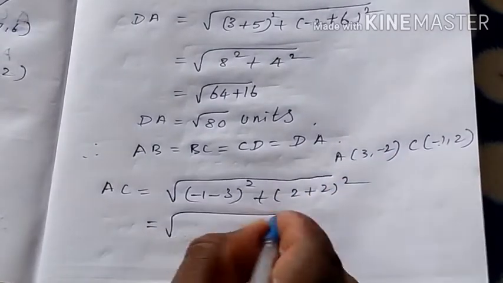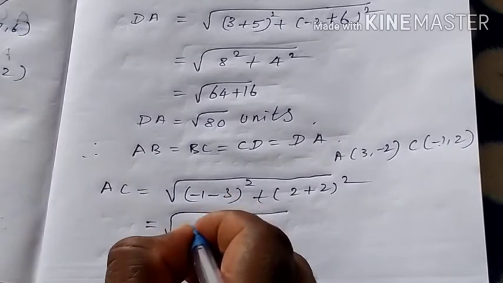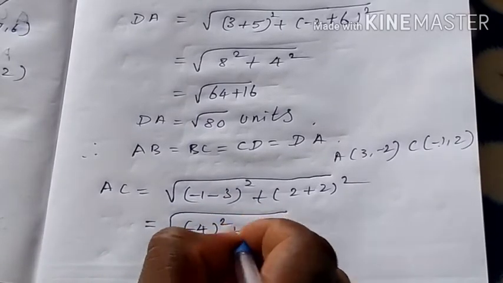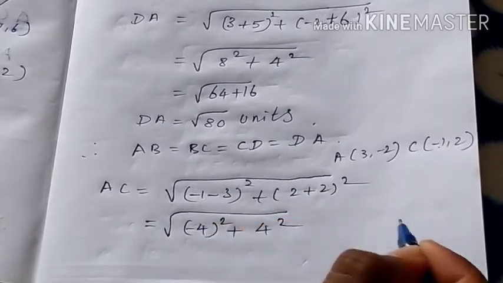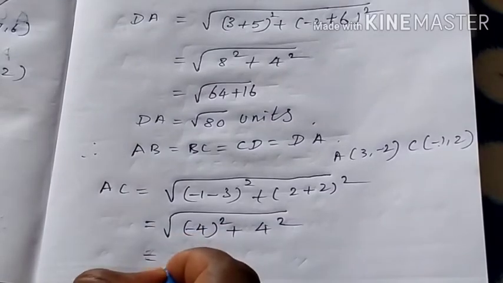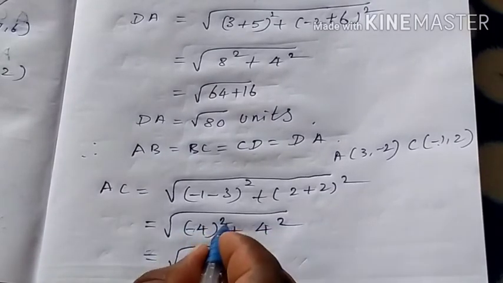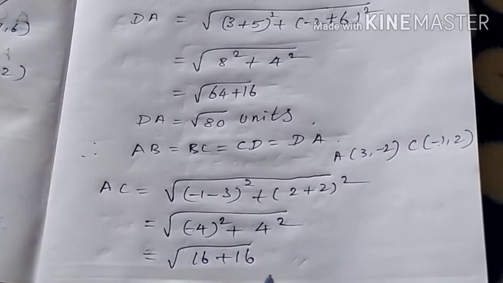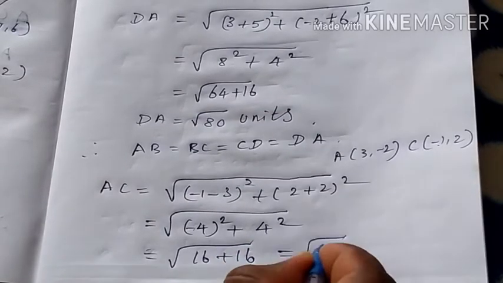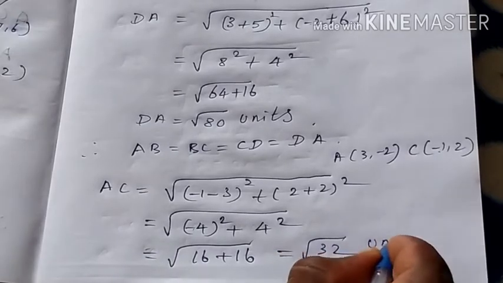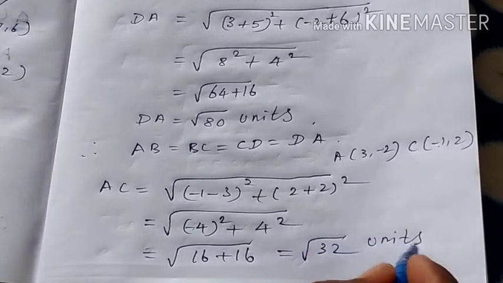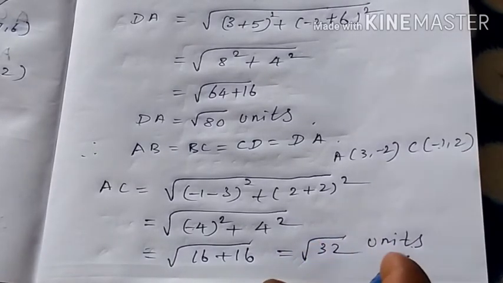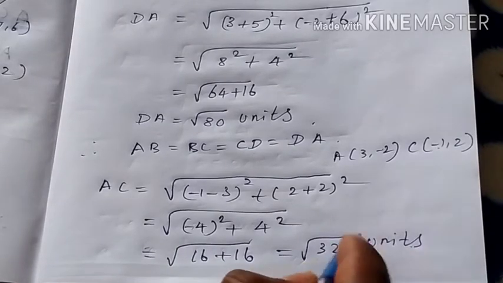This is equal to the square root of (minus 1 minus 3, totally minus 4) the whole square plus 2 plus 2 is 4 squared. Which is equal to the square root of minus power even number plus, 4 squared 16 plus 4 squared 16, which is equal to square root of 32 units. This is for AC.